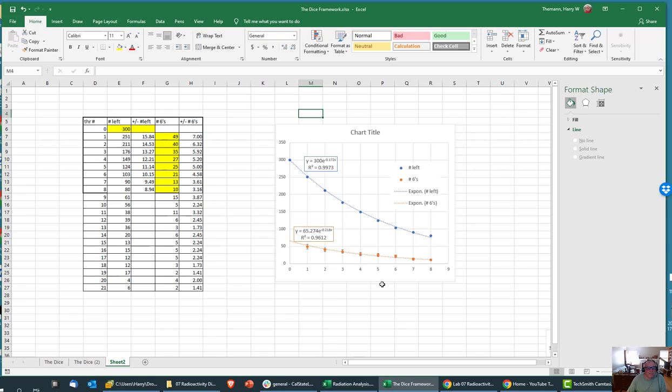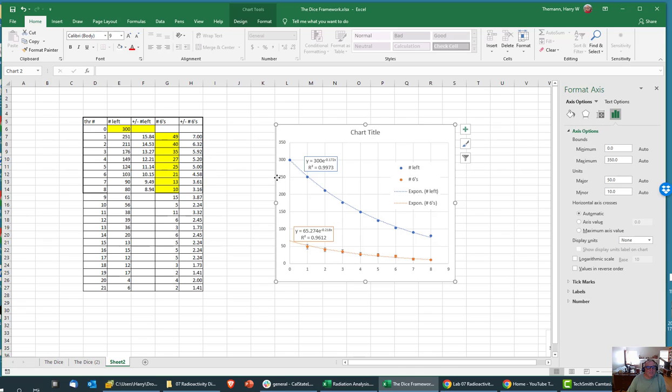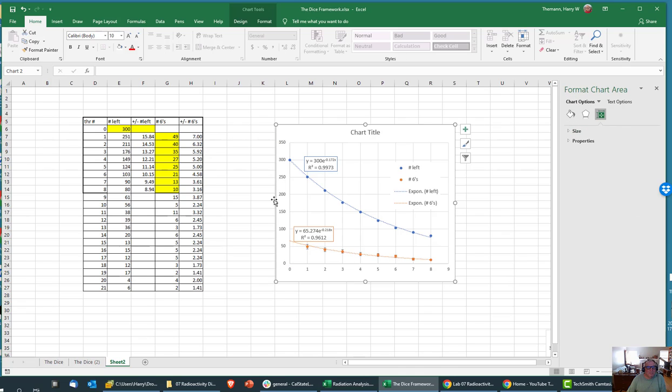So this could use axis titles: this would be throw number, or you could even say it's time, t equals 1, 2, 3, 4, 5, 6, 7, 8 seconds, and then this is number of dice. And then you have the legend to tell people what's being plotted there.